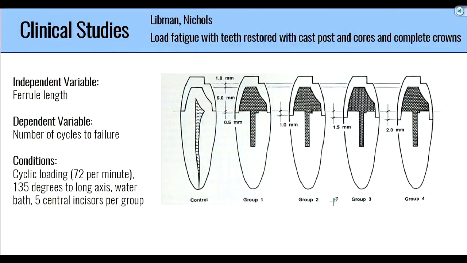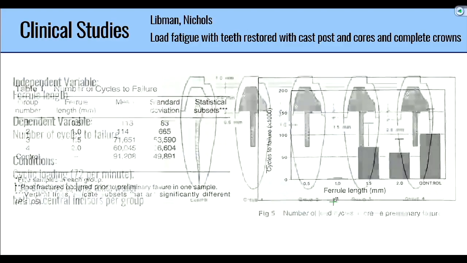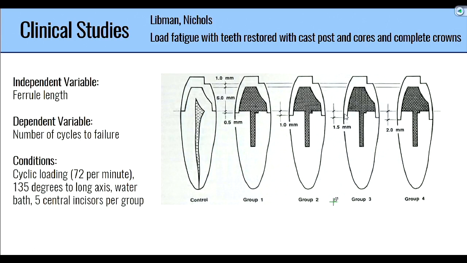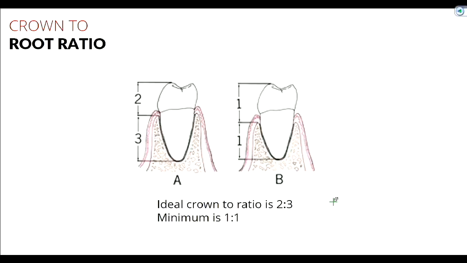So that's an important concept to remember, okay? We're going to say we want at least 2 millimeters of ferrule for a tooth that has undergone a post and core treatment to be successfully restored, okay? Just a little bit about, yeah, question?